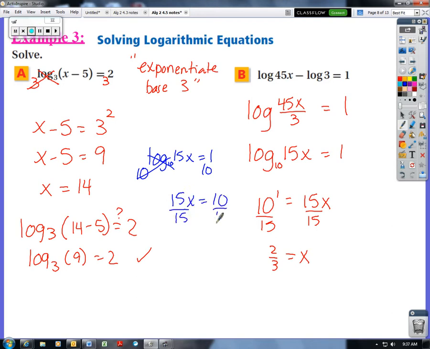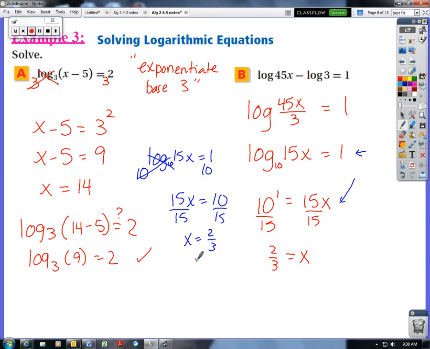You divide by 15 and get 2/3. So on one of them I changed from logarithmic form into exponential form, and the other technique is to exponentiate both sides base 10. You end up getting the same thing.